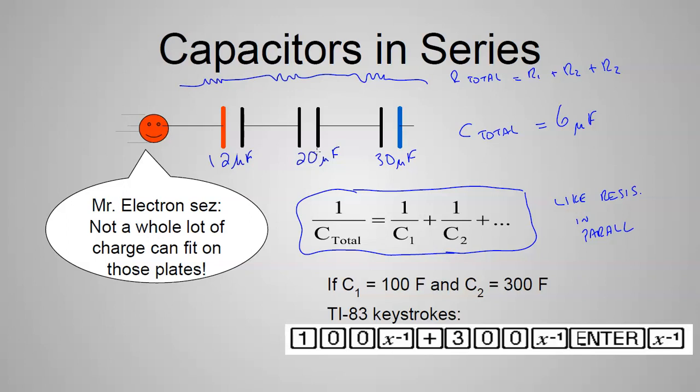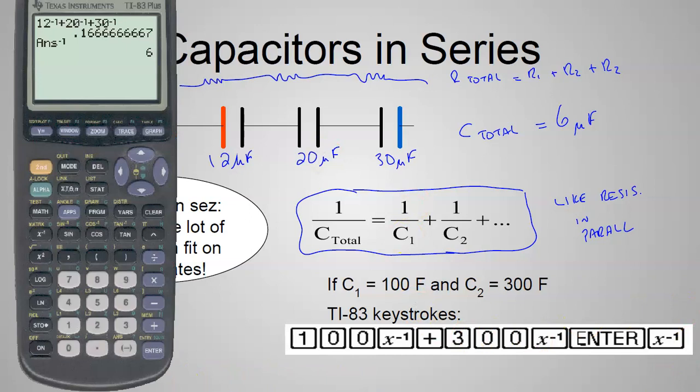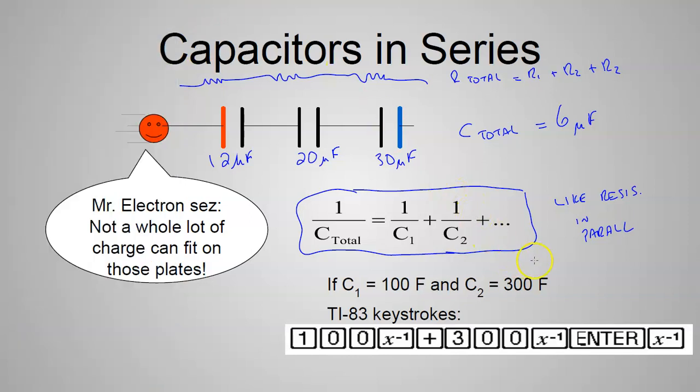But here, since they're all the same prefix, microfarads, then it's okay to leave that out of the calculator work and put it on at the end. You could put it on too if you wanted. You could go 0.000012. There would be 12 microfarads inverse, but why, right? Okay, so just flip them around. They work the opposite way that resistors work.